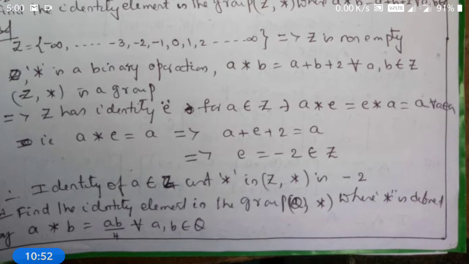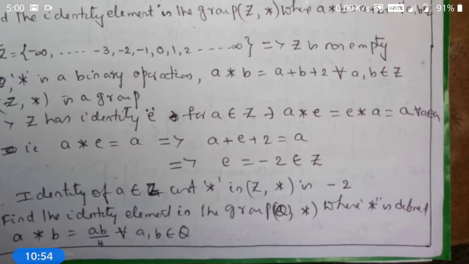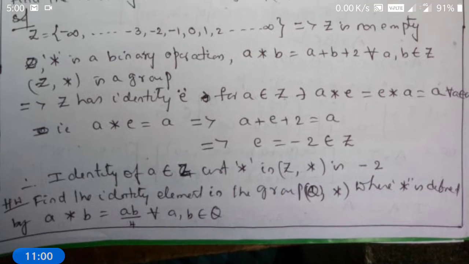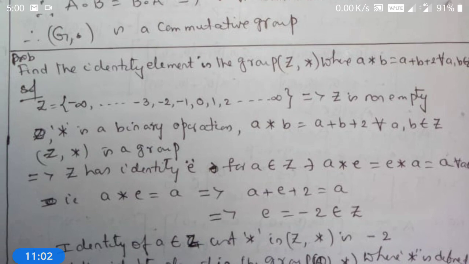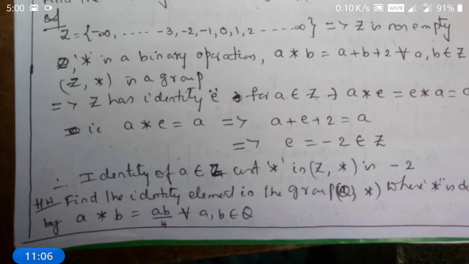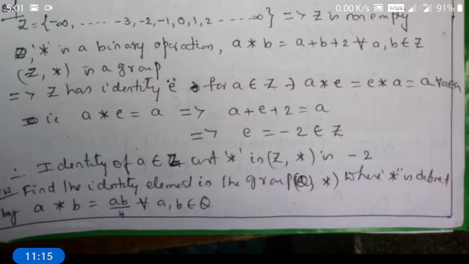A + E + 2 is equal to A. Therefore, E is equal to -2. Does -2 belong to Z or not? -2 belongs to Z. Therefore, the identity element of A belonging to Z with respect to star in (Z, *) is -2.